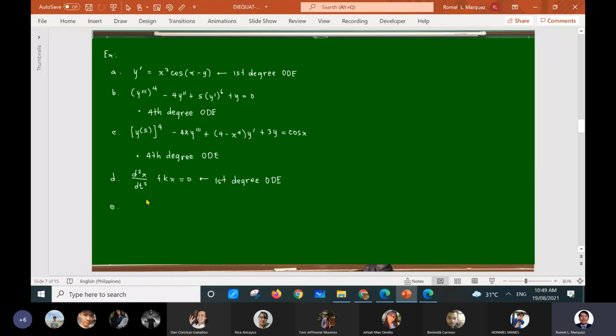What about this? The fourth partial derivative of f with respect to x raised to 2 is equal to 2xy multiplied by the third partial derivative of f with respect to y, then twice with respect to x, then raised to 3.